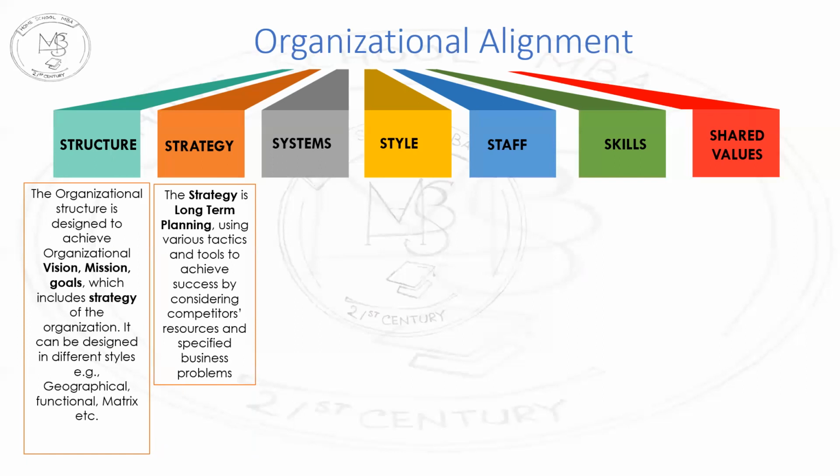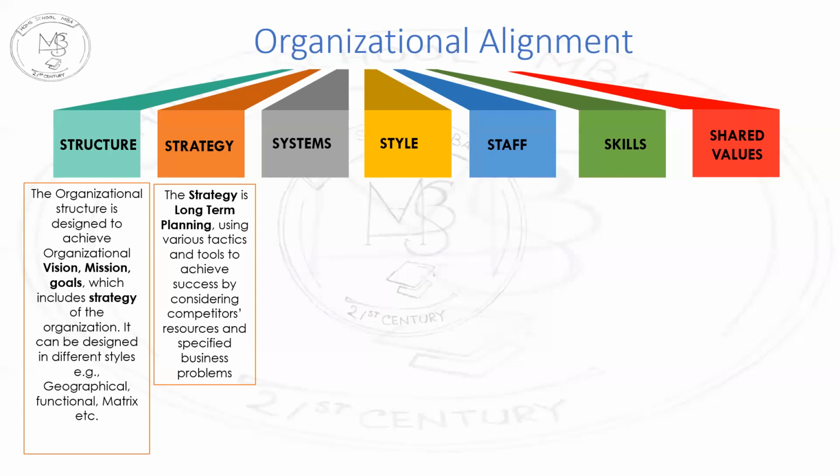Similarly, the strategy. Strategy basically is long-term planning, which is also called sustainable planning or the vision of the organization. So good managers or chief executives are very visionary and futuristic, and they can visualize how the organization should look after 10 years and how they should reach there.